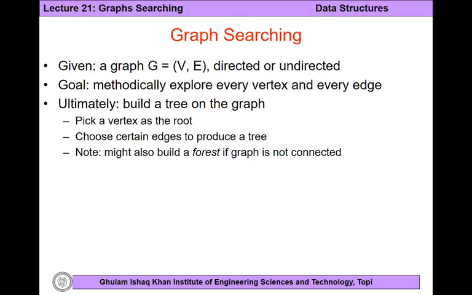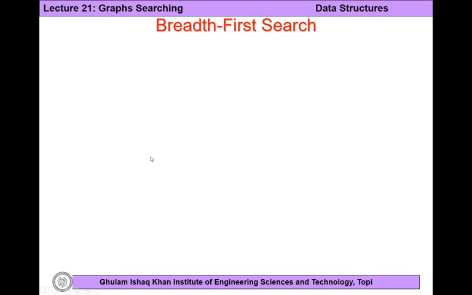Anyway, graph searching, I've told you how it happens, like what the problem statement is. For graph searching, we have two algorithms. The first algorithm is called breadth first search, or BFS, right? And the other algorithm is called depth first search.